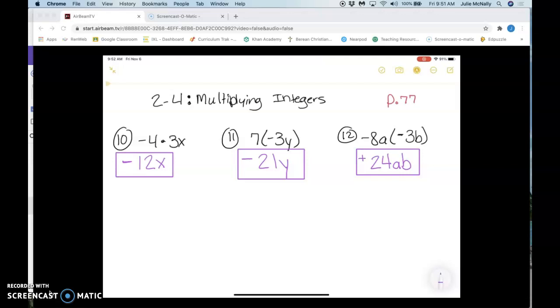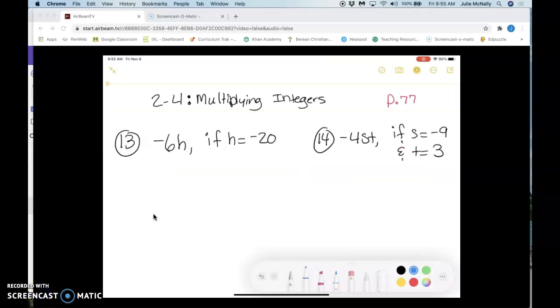Okay? Last two, it says evaluate each expression. Evaluate means solve. So I'm going to use the information they gave me to solve the expression. The expression that they're giving me is negative 6h. And it says h equals how much? Negative 20.